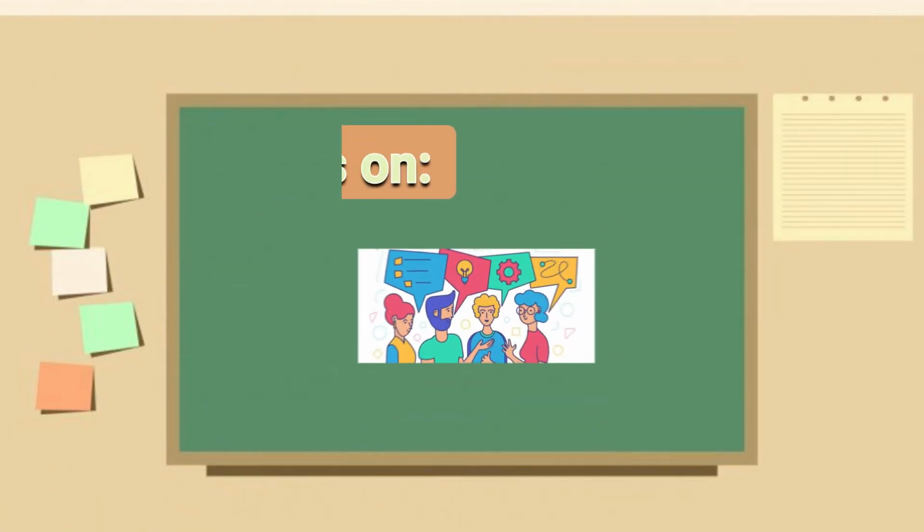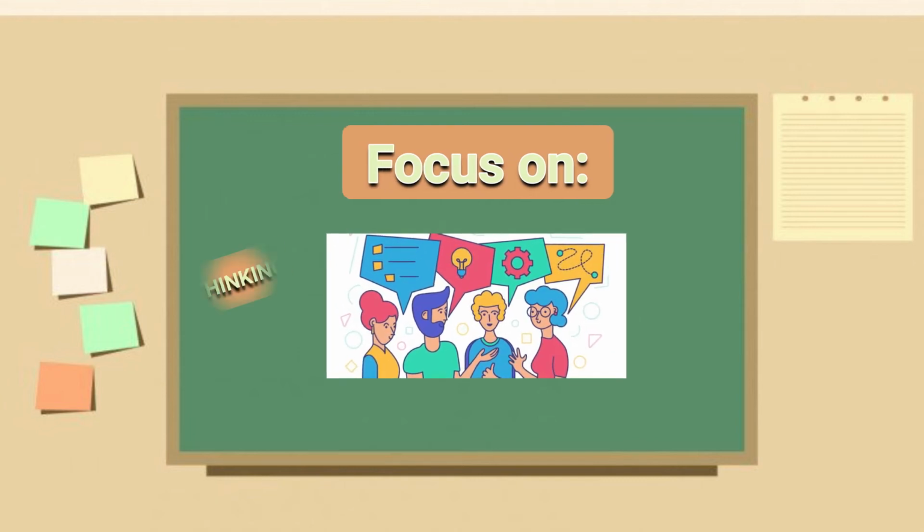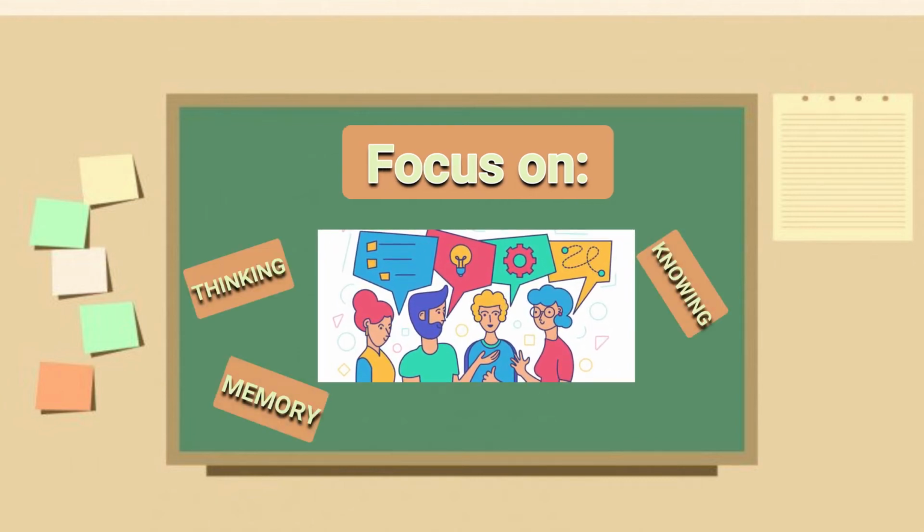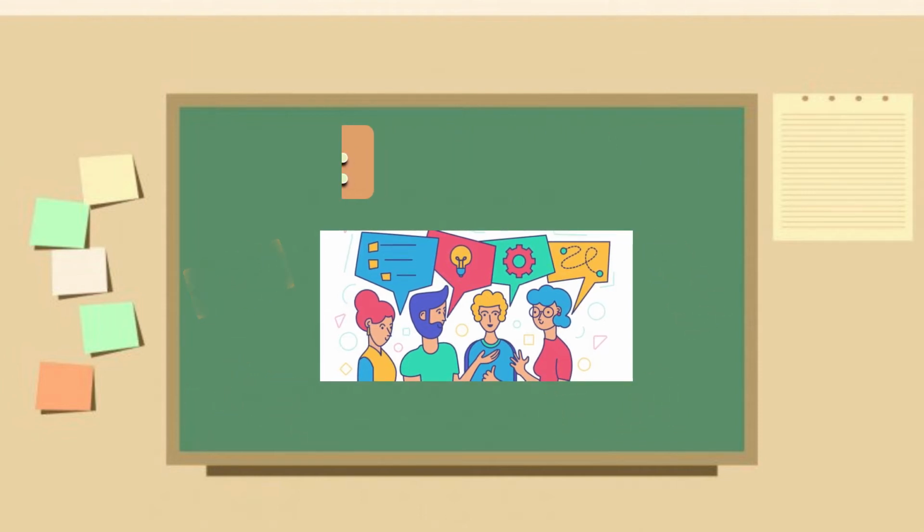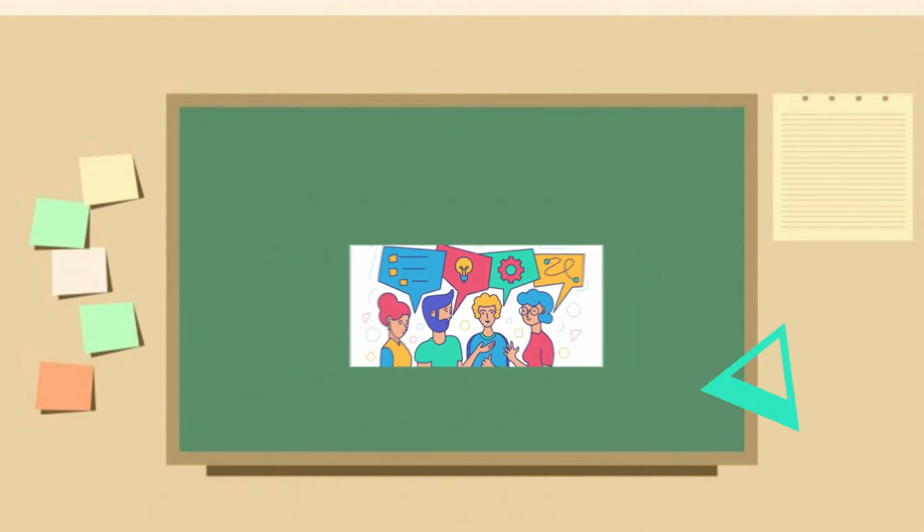This theory focuses on the mental processes such as thinking, knowing, memory, and problem solving, and how the information is received, organized, stored, and retrieved by the mind. Also, it uses the mind as an information processor, like a computer.